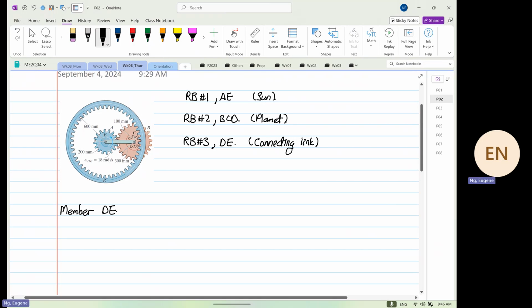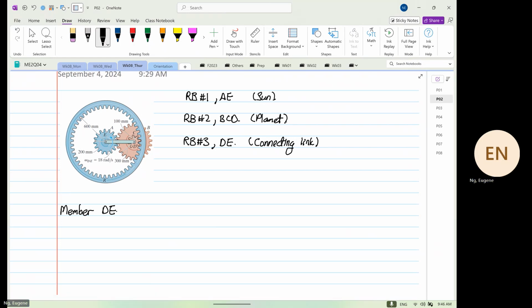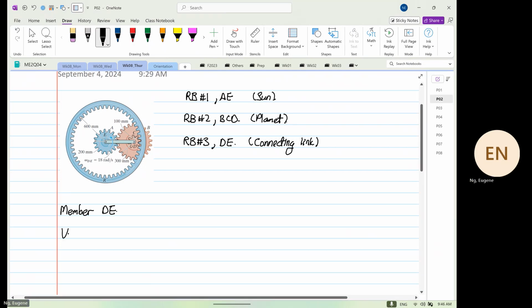So we can write out VD is equal to VE plus omega DE cross R D from point E.